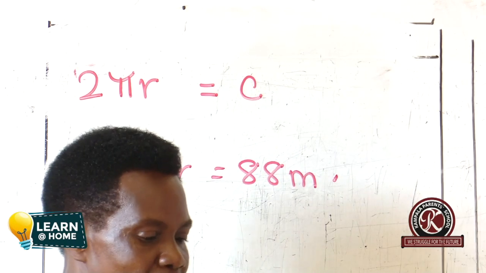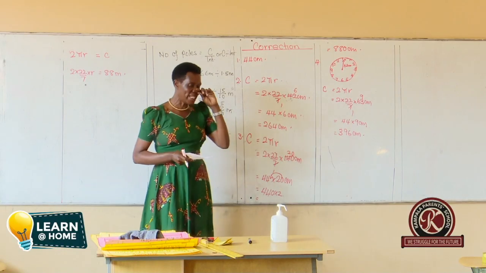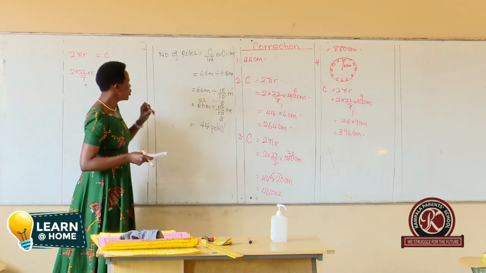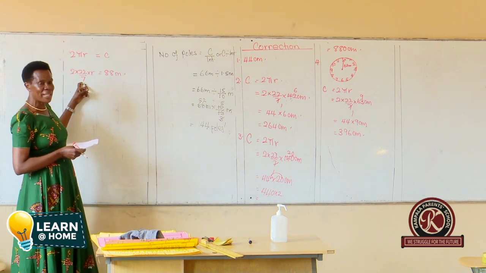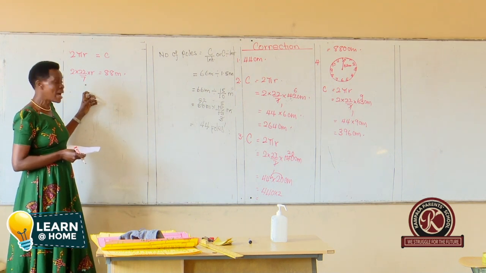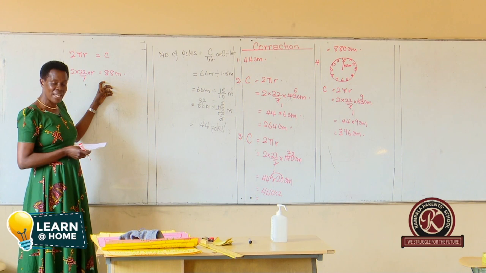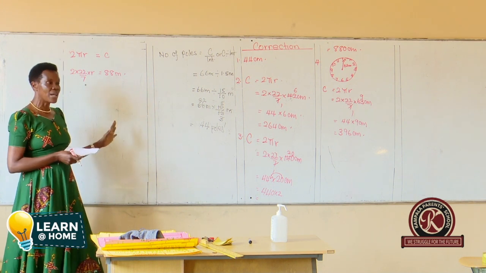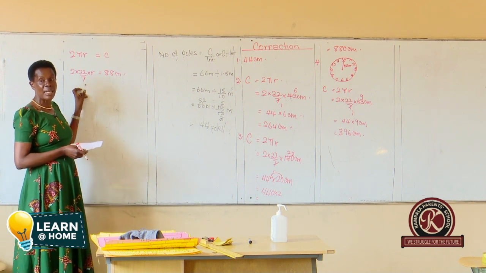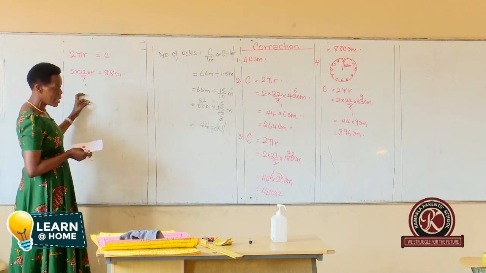Somebody asked a question. I have not written it, I have not included it. Somebody was asking, why don't we put the unknown on the right-hand side? It is okay when you put your unknown on the right-hand side, but it is better for you to put it on the left-hand side. I'm not refusing it, but it is better to put it on the left-hand side.